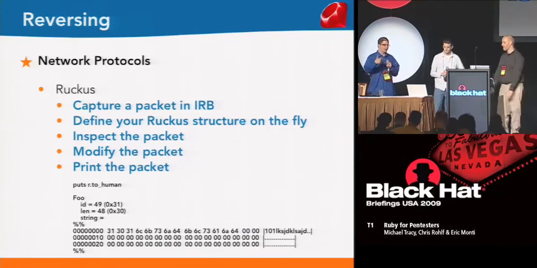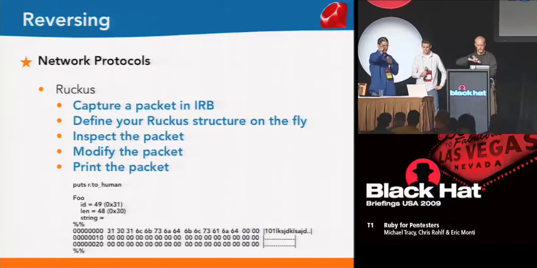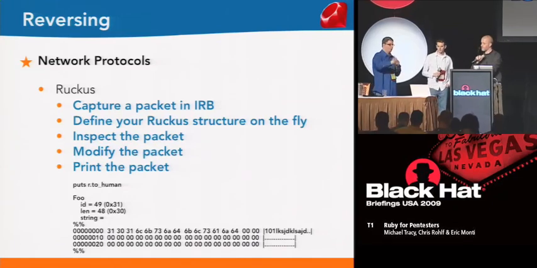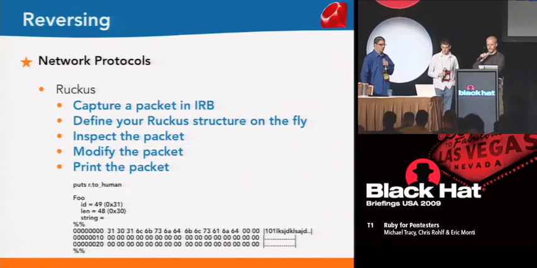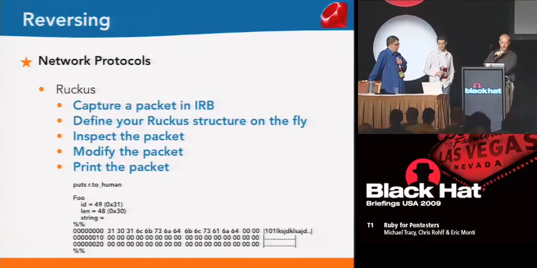And when you're building your reversing idea of a protocol on the wire, you say, oh well, that's a uint32 length. I'm going to declare that as a Ruckus struct, and that's a null terminated string. I'm going to declare that as a Ruckus struct. That's an int. I'm going to declare that as a Ruckus struct. So what you end up doing is keep on going until you finally reverse the whole protocol into your Ruckus struct. We end up with an object that encapsulates all the data in binary form that we want to deal with, but we can manipulate it by field.